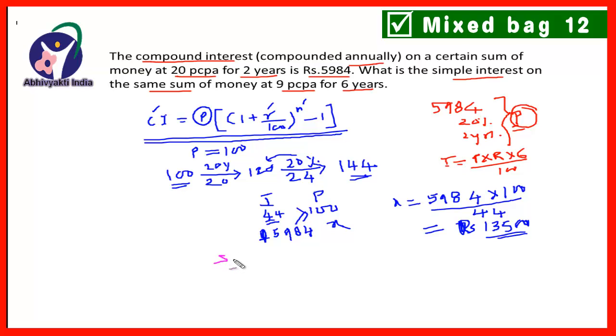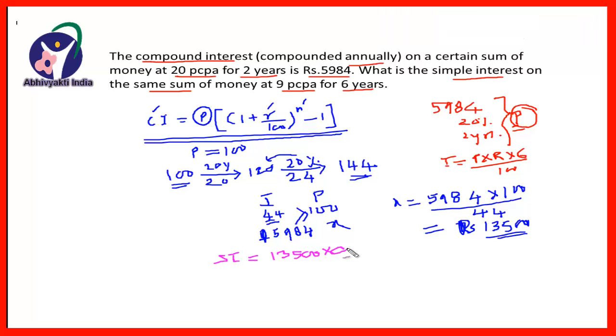So simple interest will be equal to principal 13,500 multiplied by rate 9% multiplied by time 6 years divided by 100.